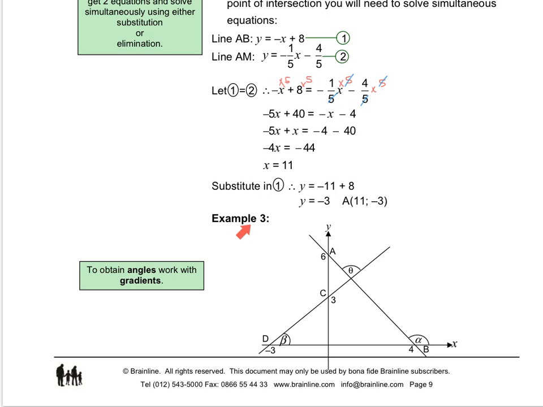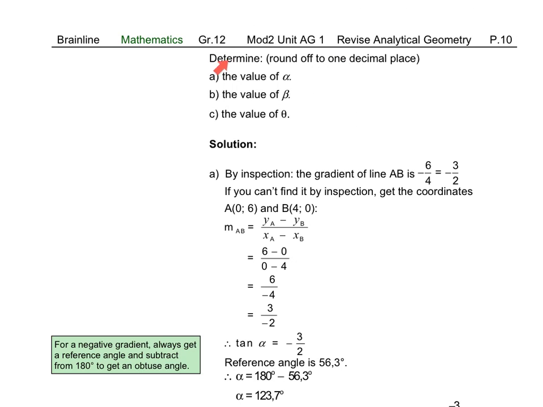That brings us to example 3, where we are given the sketch with theta, alpha and beta. So now we have to determine the value of each angle. We can work out the gradient of AB by using the coordinates given to us. Coordinate of A where x is 0, y is 6, and the coordinate of B where x is 4, y is 0.